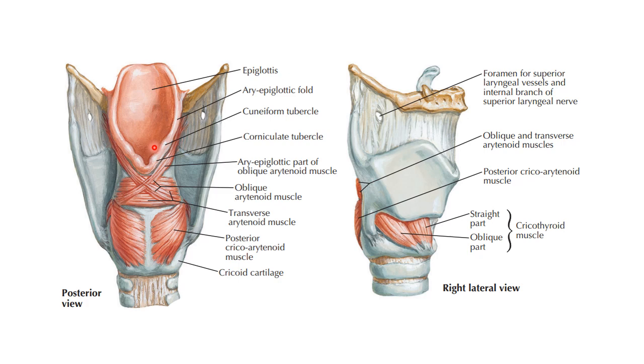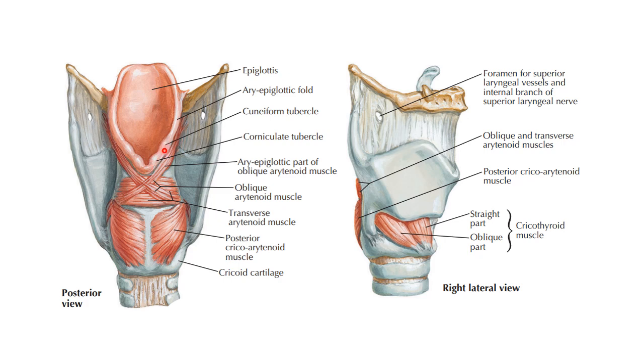For example, here would be the corniculate tubercle, which corresponds to the protrusion of the corniculate process of the arytenoid. Then you have the cuneiform tubercle, which would be a thickening produced by the aryepiglottic fold. The aryepiglottic fold would be that fold of mucosa that connects the epiglottis to the arytenoid.